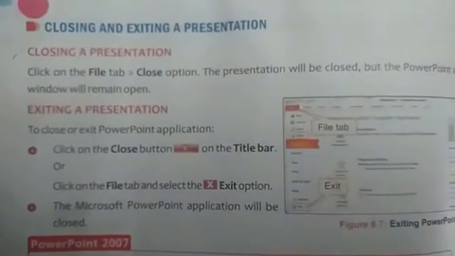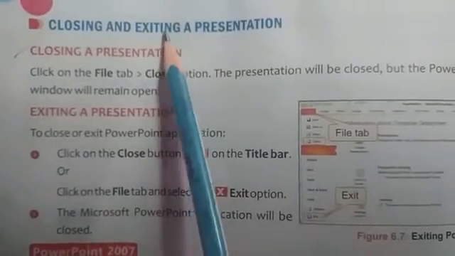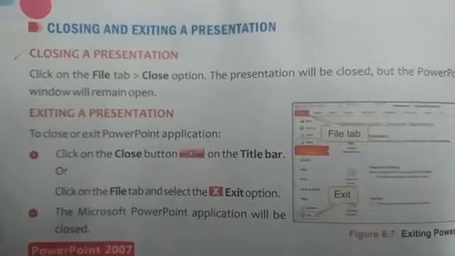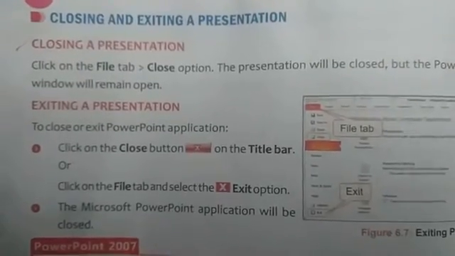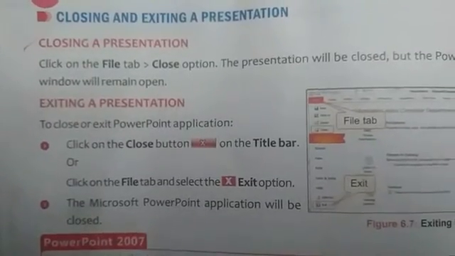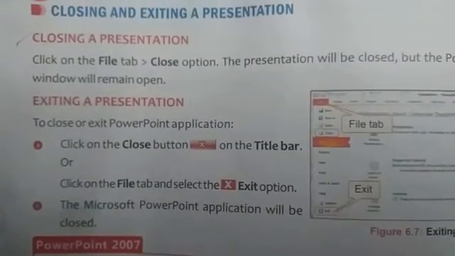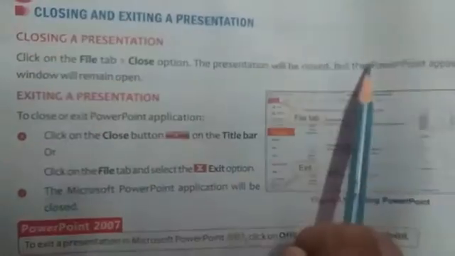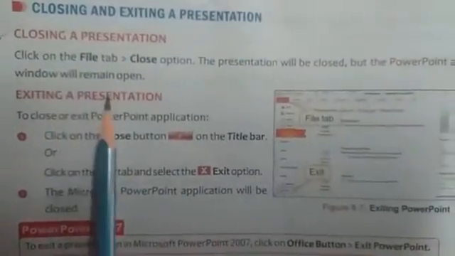Now the next topic is closing and exiting a presentation. How to close a presentation and how to exit a presentation. Firstly, closing a presentation. How will we close the presentation we have made? Click on the File tab and then the Close option. The presentation will be closed but the PowerPoint application window will remain open.